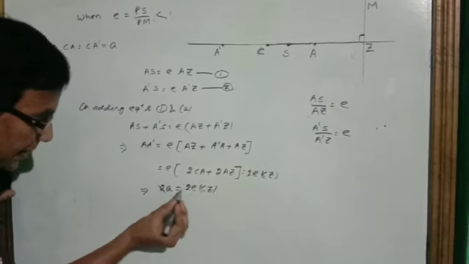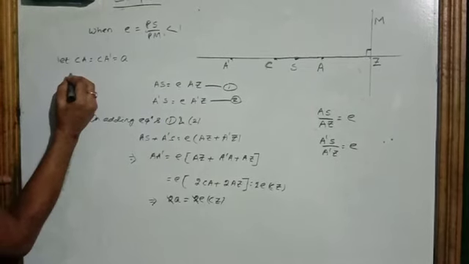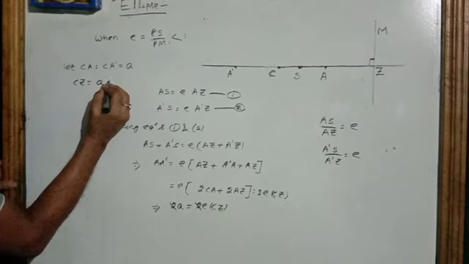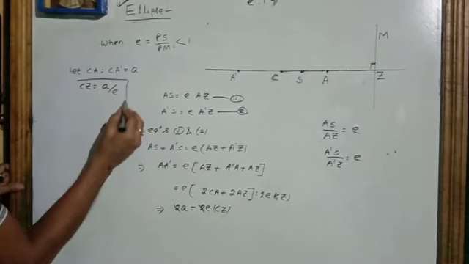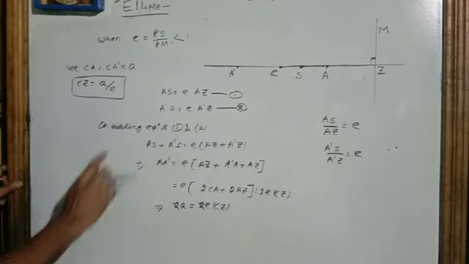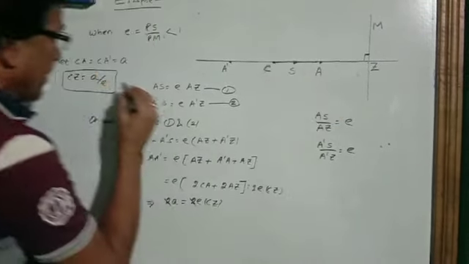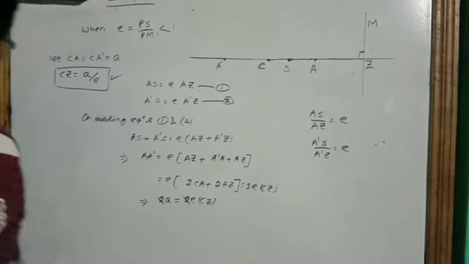So 2 to cancel out. So we are getting that CZ is nothing but it is equal to a divided by e. So it is the value of CZ. So you remember that CZ distance is equal to a divided by e.